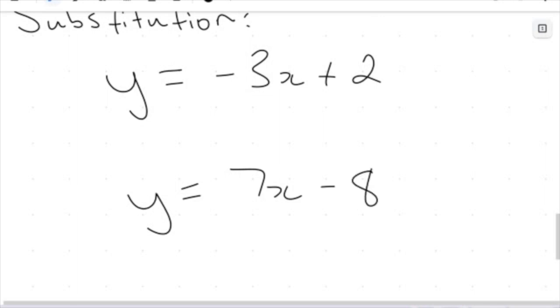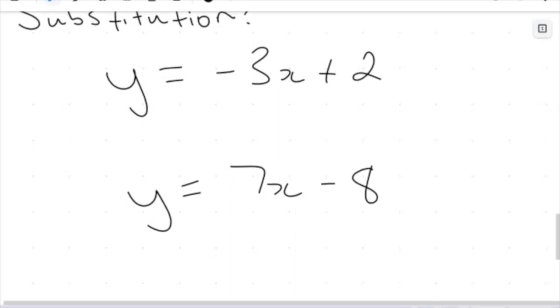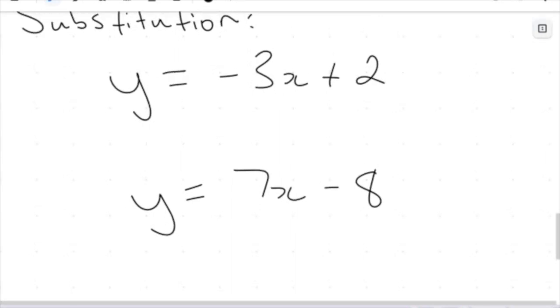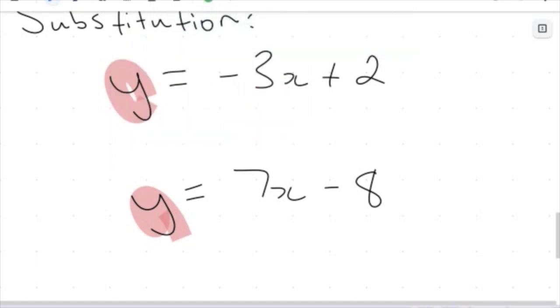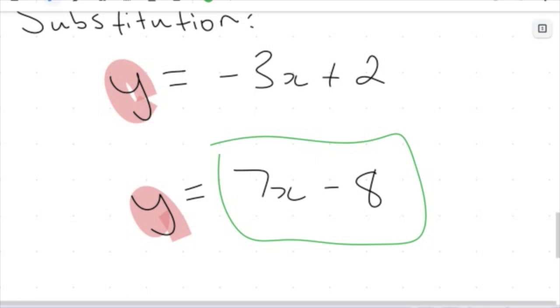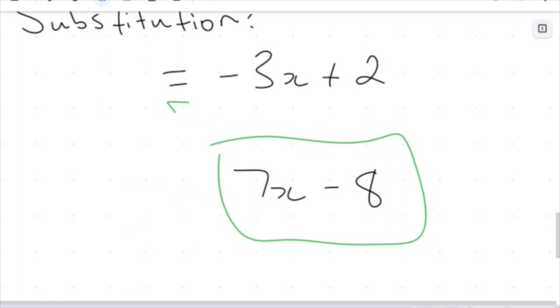Now you remember way back when we did algebraic substitution, or even my table of values, substituting means putting one thing in place of another. Now, since I have this y and this y, and I have an expression of my y down the bottom as 7x minus 8, I can put that in place of this guy here, because my y's are the same. So let's actually go ahead and do that.